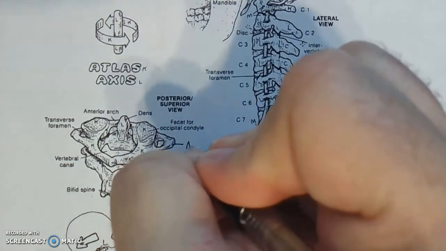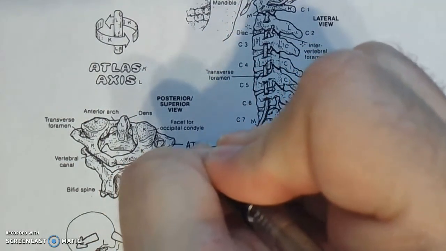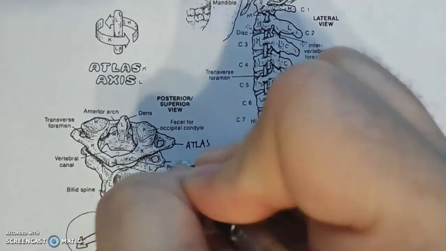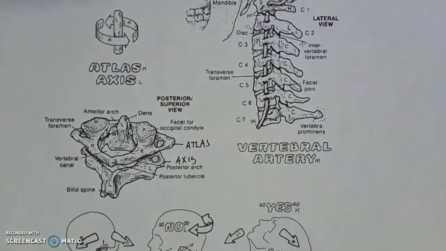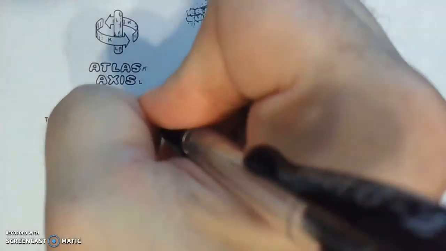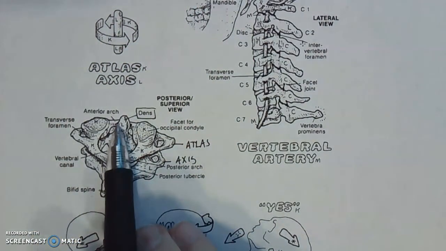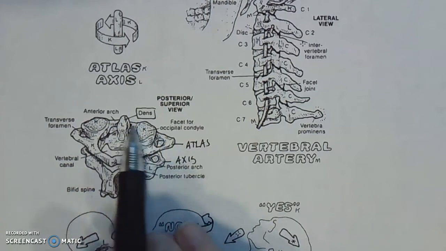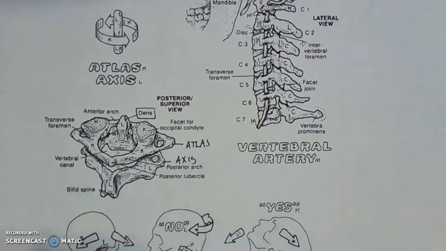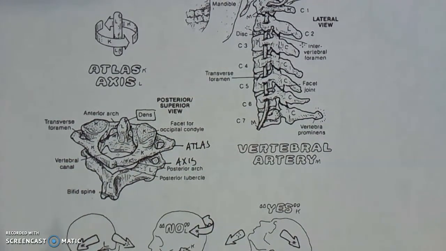So with that, here is a diagram of how the atlas and the axis are going to be positioned against one another. Here is the dens. So it comes up and it articulates in the back of the atlas.